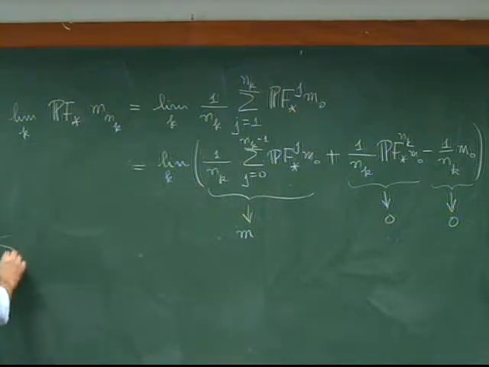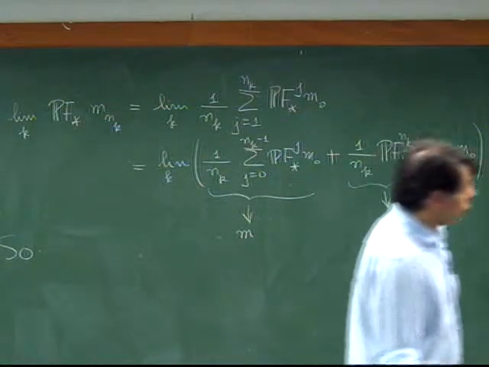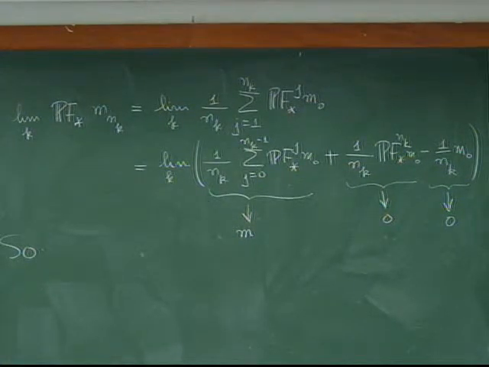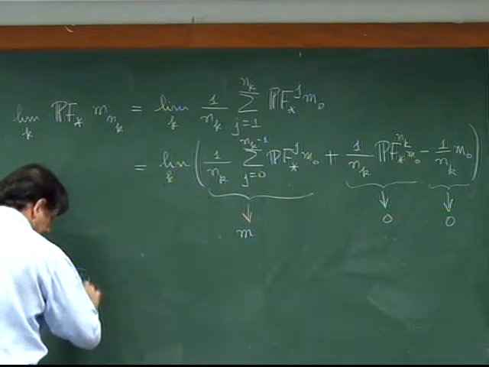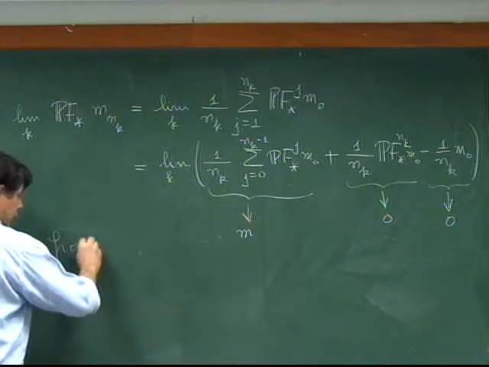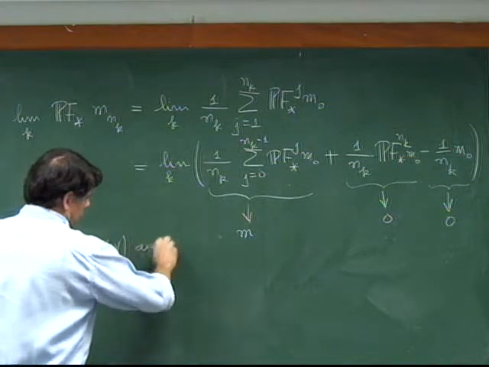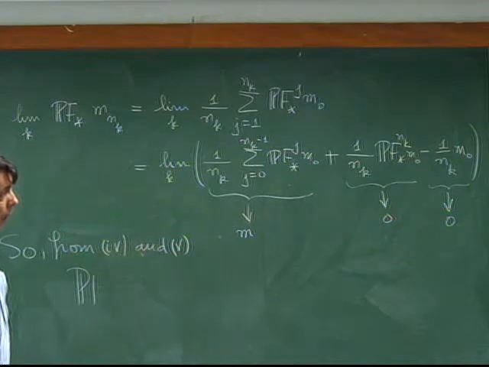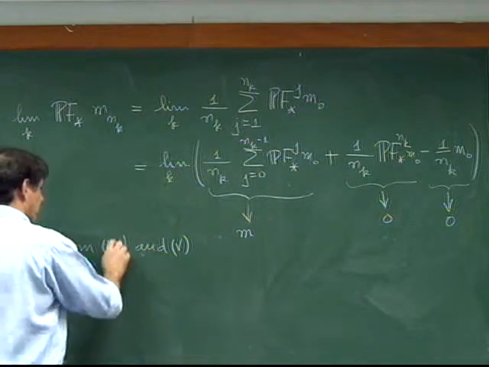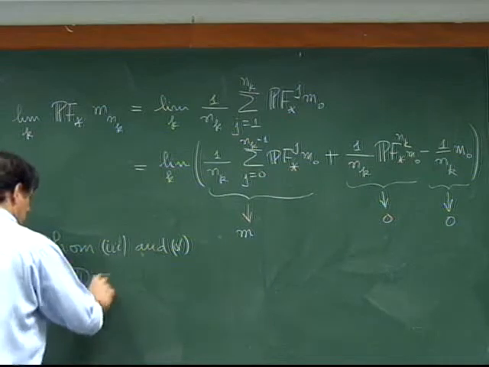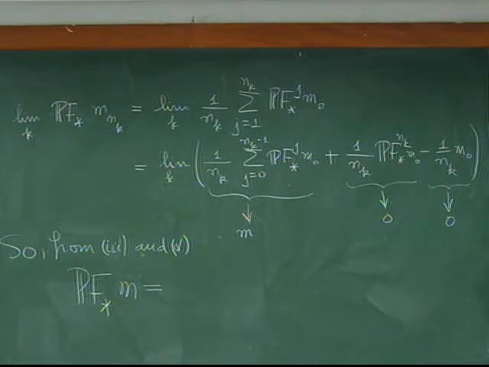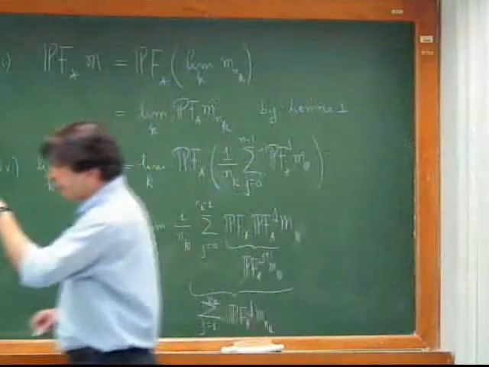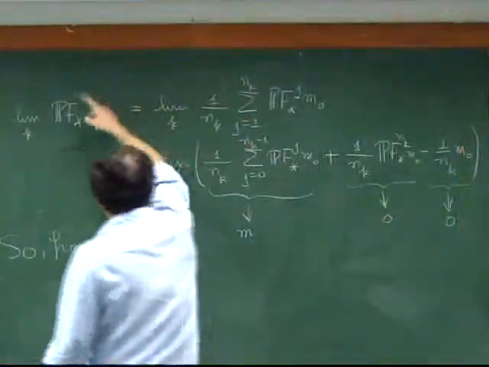So, conclusion. From 3 and 4, Pf star m equals this limit, and this limit is equal to m.